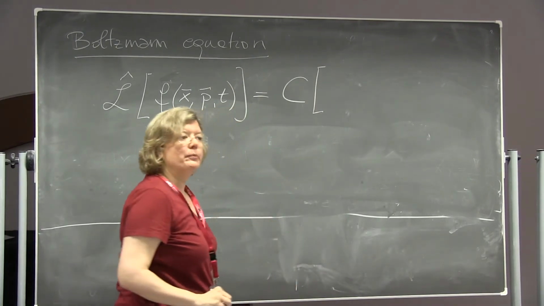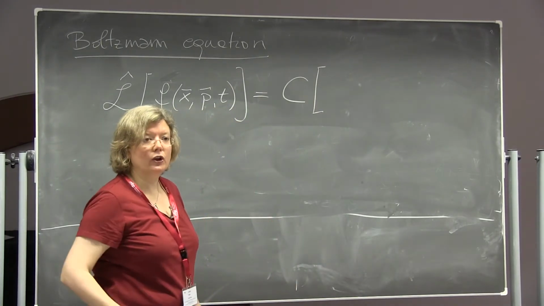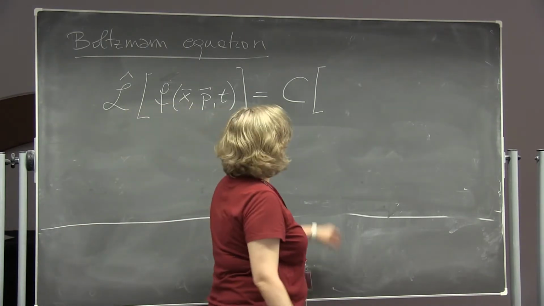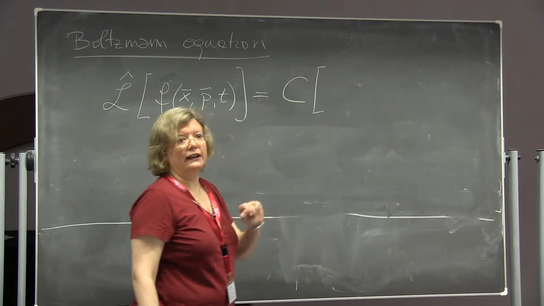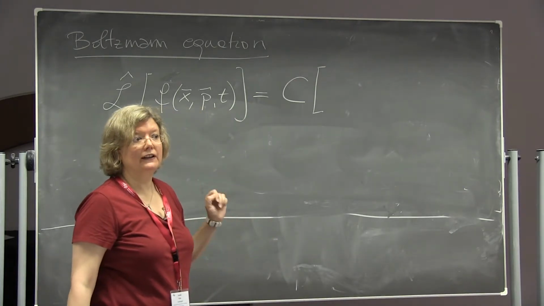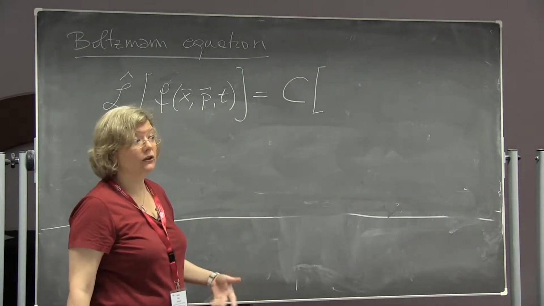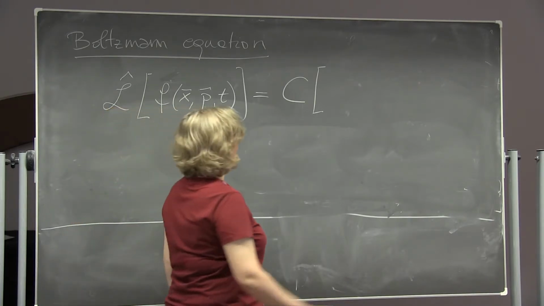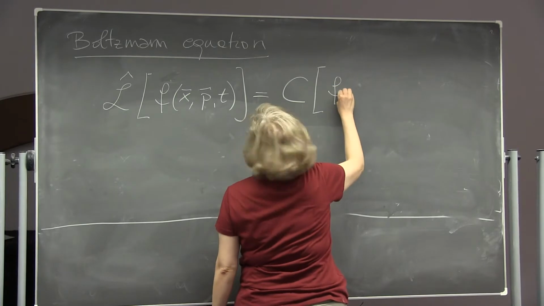Now, the collision operator, as we heard already two days ago, is in principle depending on a kind of two-point function. But in practice, what I will do here, I will again approximate this in the dilute limit, where the two-point function is nothing else than the product of the one-point functions. So this means that this will depend again on f.